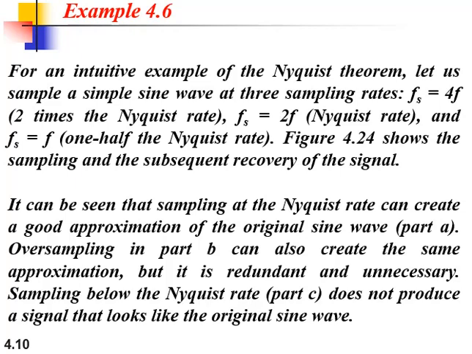So just to elaborate this, there's an intuitive example of the Nyquist theorem, wherein they have taken samples of a simple sine wave, using three sampling rates: the sampling frequency fs at four times the frequency, which is two times the Nyquist rate; another sampling rate at twice the frequency, which is the Nyquist rate; and one at just the actual frequency, which is one half of the Nyquist rate.